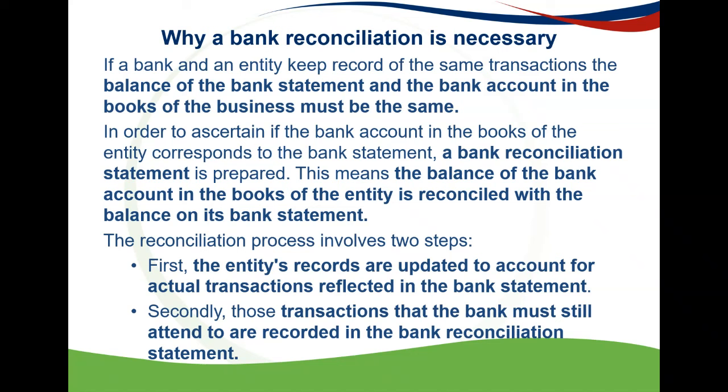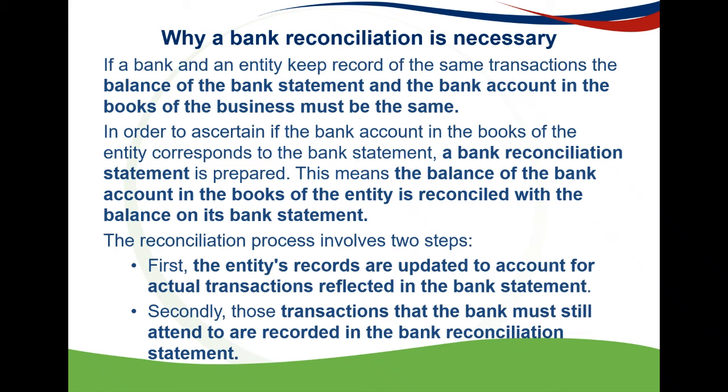Now, why is a bank reconciliation necessary? If a bank and an entity keep record of the same transactions, the balance of the bank statement and the bank account in the books of the business must be the same. Because if you record it in your books and the bank records it in their books, then the balance should be the same.